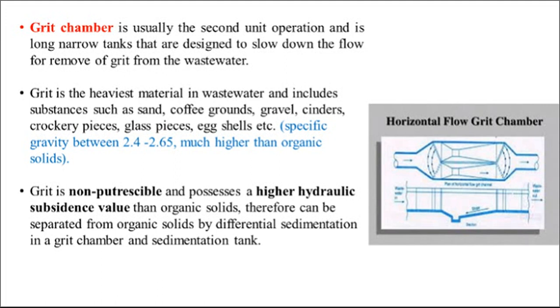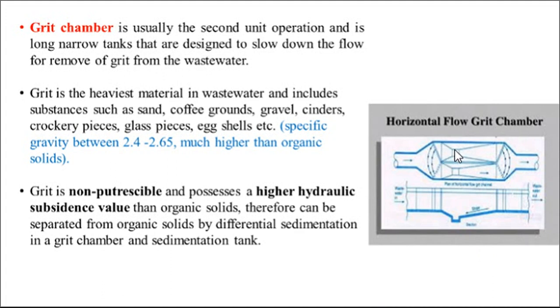Grit is non-putrescible and possesses a higher hydraulic subsidence value than the organic solids. Therefore, it can be separated from organic solids by differential sedimentation in a tank called a grit chamber, or sometimes a sedimentation tank.